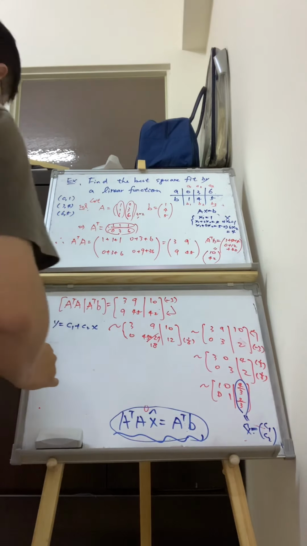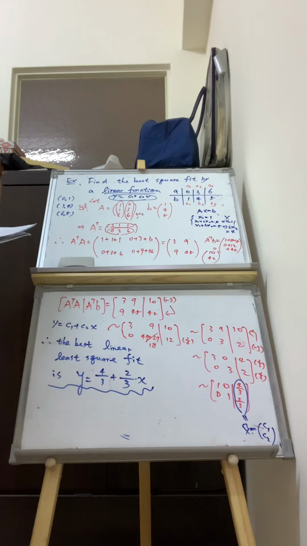But now for this one we just consider a linear function. I mean we consider the form y equals C1 plus C2x, whose degree is 1. But if we want to get the best, probably we could consider a higher degree polynomial, not just a linear function. And for this one, you could see the text in our textbook, page 232.